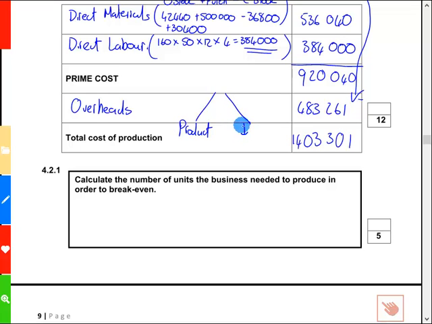Otherwise, it will be part of my income statement as either admin cost or selling and distribution cost. Once we know it's here, we need to ask, is it direct or indirect? And direct, we've got the split, is it material or is it labor? And indirect, everything will be overheads.